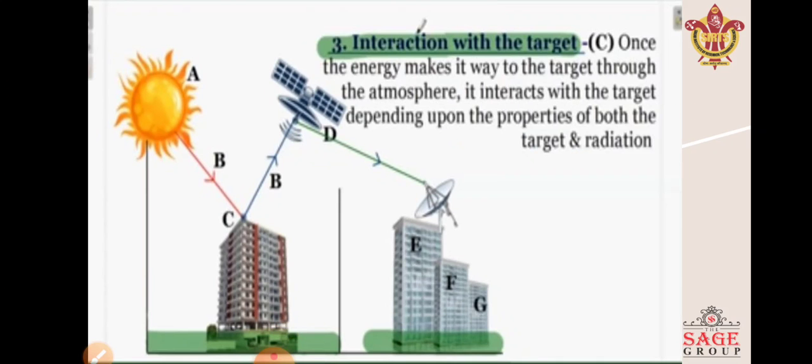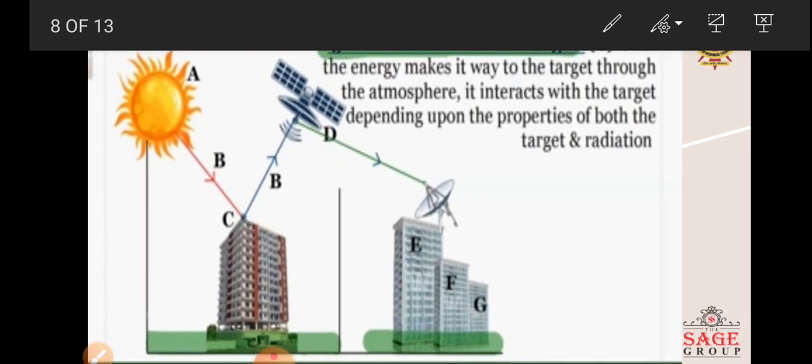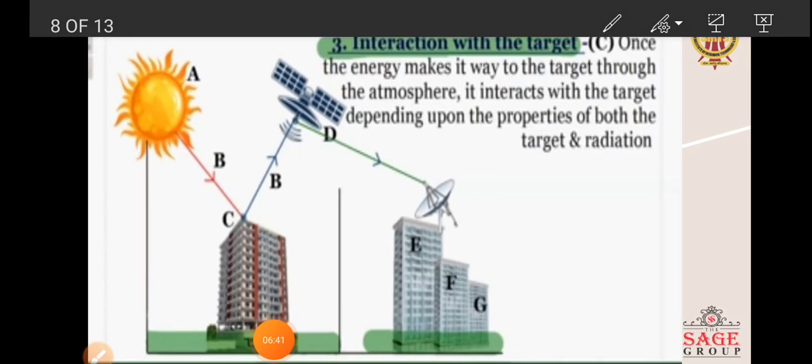Our target here is this building, C. Reflection and absorption depend on the property of the object, like reflection of water will be higher than building, as well as absorption of the building will be higher than water.